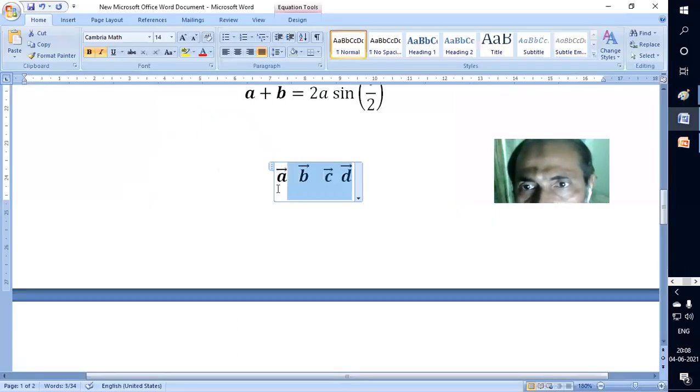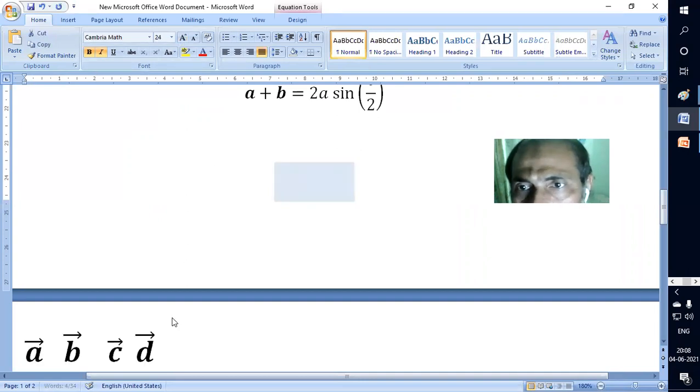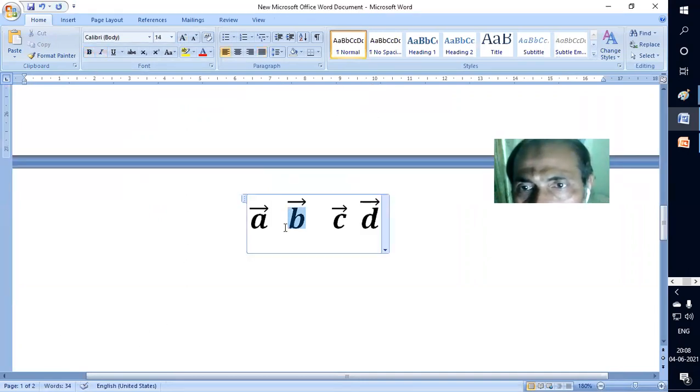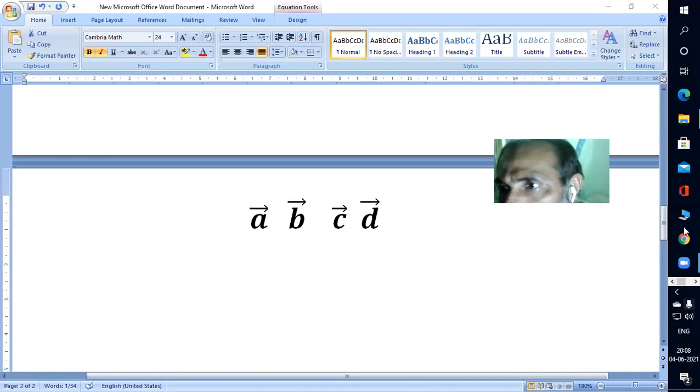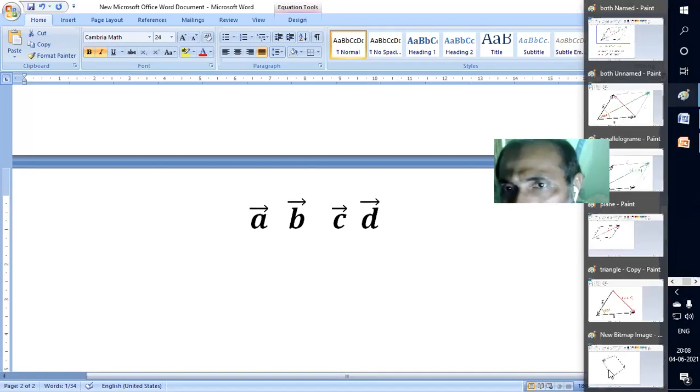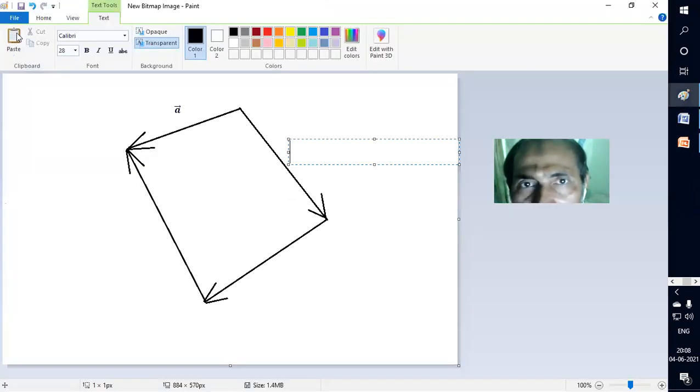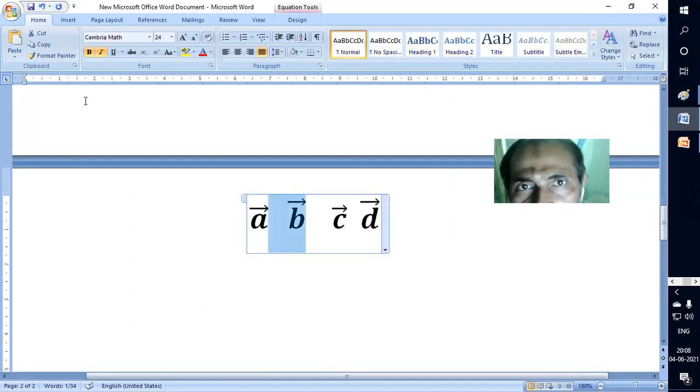Four vectors are like this. Another vector B I'll take here. For example, this is vector B. Next, this is vector C I'm drawing here.